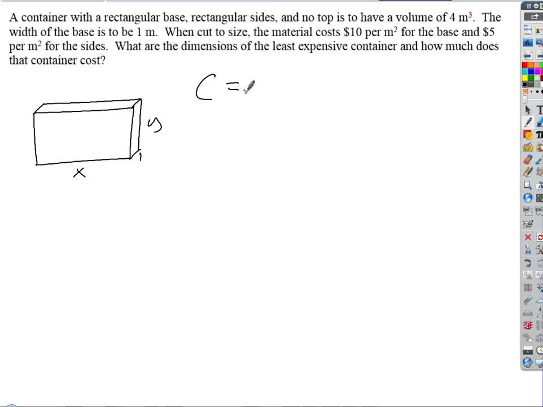It's 10 times x. This base. Okay, so instead of being really specific, does it make sense that it would be something like, and I'm even going to put units in for a second, 10 dollars per square meter.